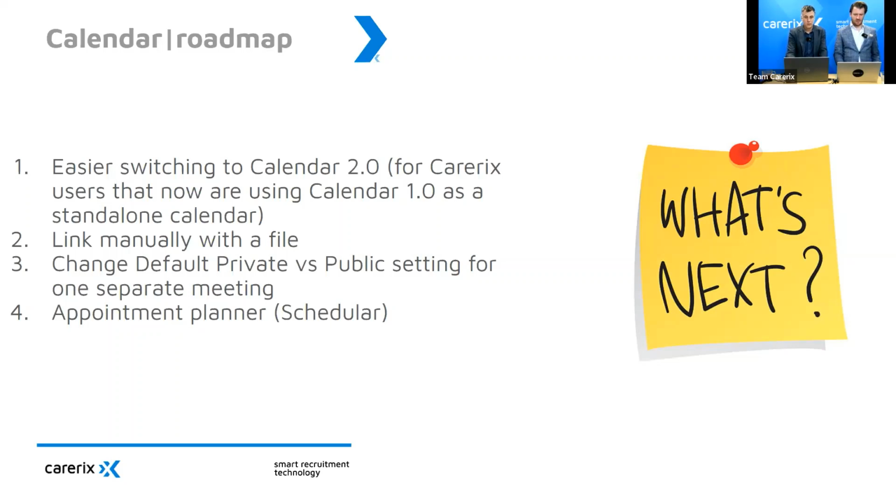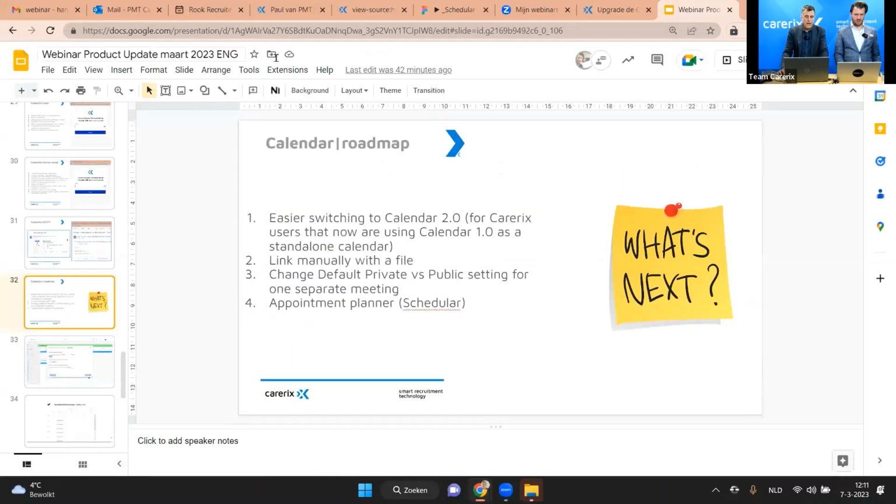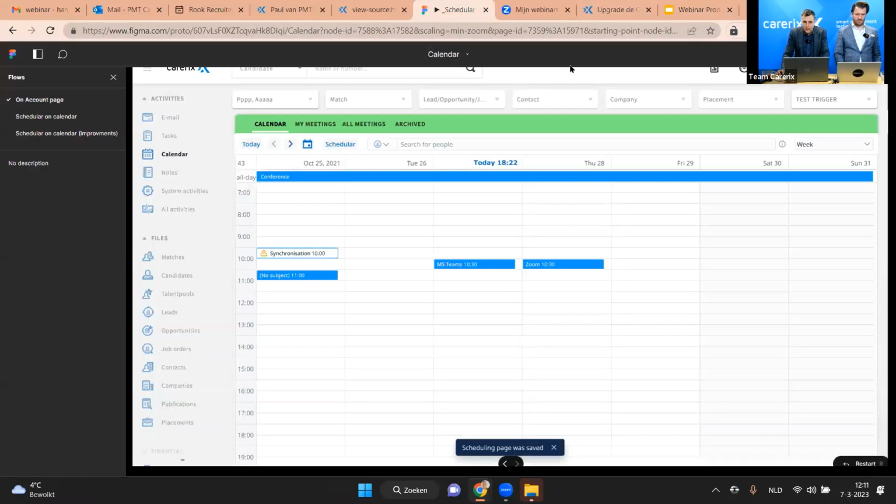And last but not least, the appointment planner. I always use a comparison with Calendly. At this moment, I can only show you Figma, which is like a design tool. I expect it to go live within 1 month for the first pilot customers.